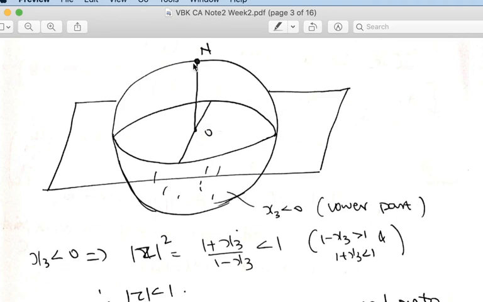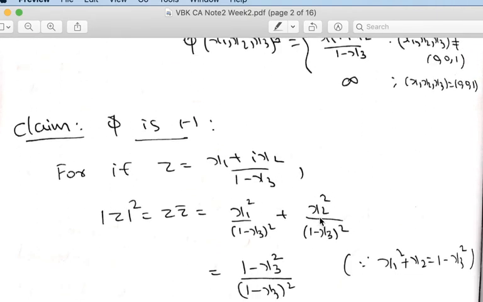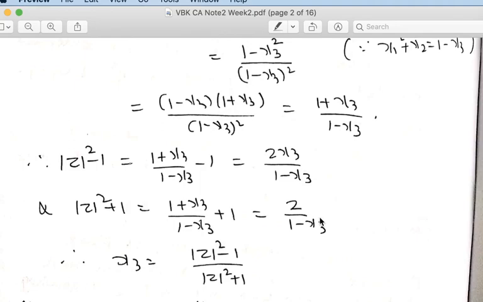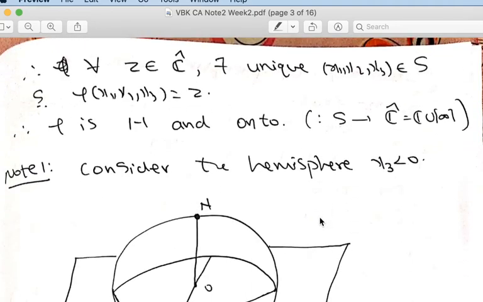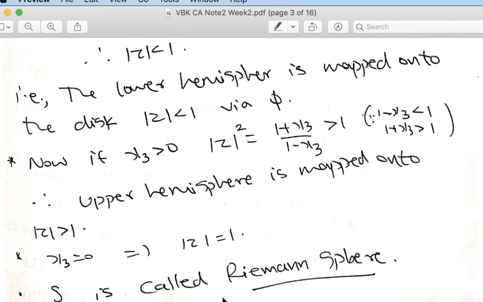That is geometrically evident once you draw a line from here to here. But in fact, in this note we proved it analytically itself. There are some simple computations which you can see from here. This S is called the Riemann sphere.